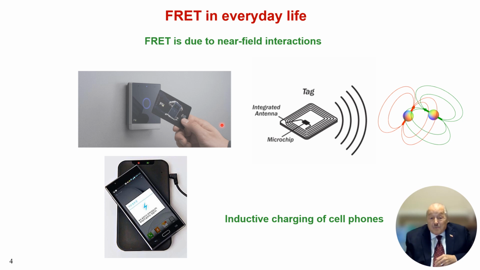Of course, it's much longer wavelengths for these, and you move just a little bit away, it doesn't work. Same thing is true for inductive charging of cell phones. It's a coupling of the electric fields surrounding a molecule or a structure.